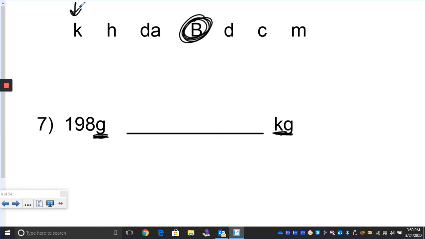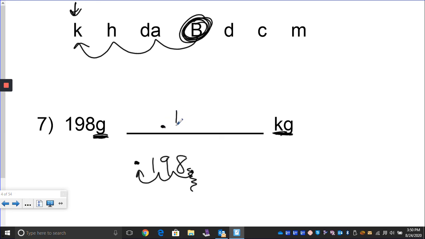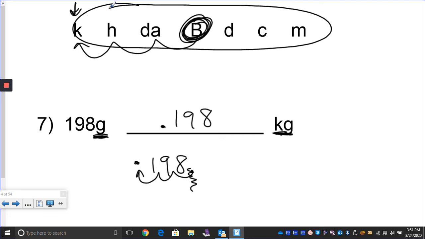We're going to go to the left. How many times? Okay, we start here. 1, 2, 3. So I have my 198. Where's my decimal? It's right here. 1, 2, 3. Put it back. So we have 0.198 kilograms.